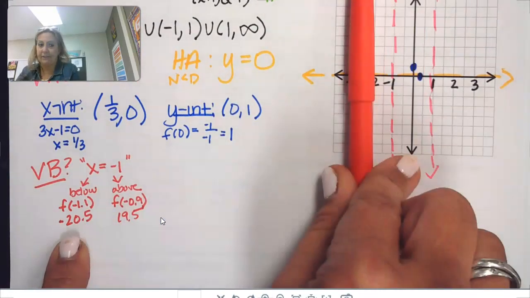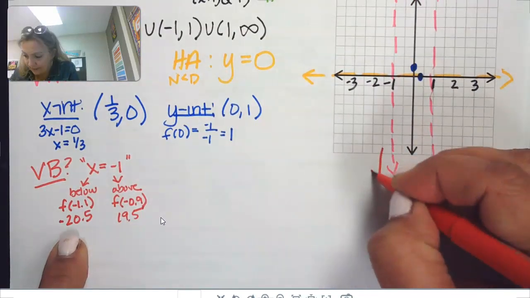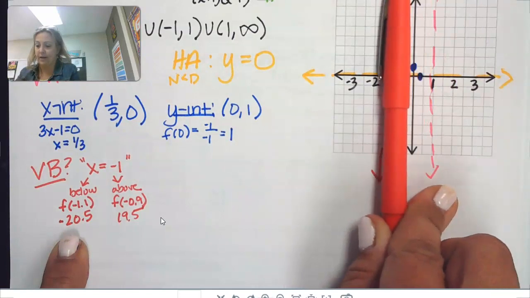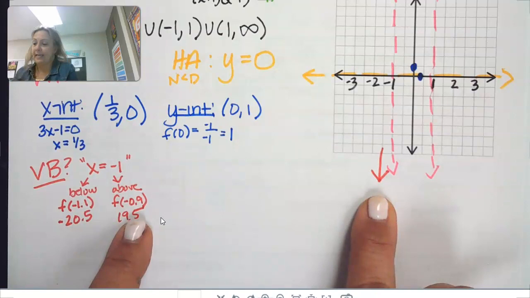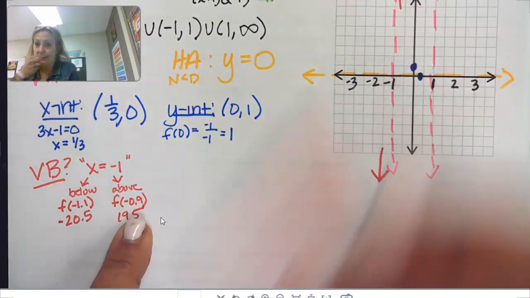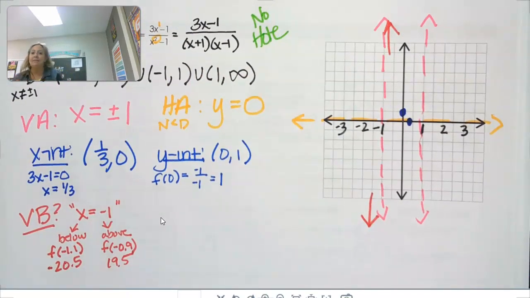So to the left, it's going to be going down. So that means it's going to be going this way, essentially. That to the left, below -1, it's going to go down. This is telling me that above -1, it's going to be going up. So that gives me an idea of where those arrows would be, okay?